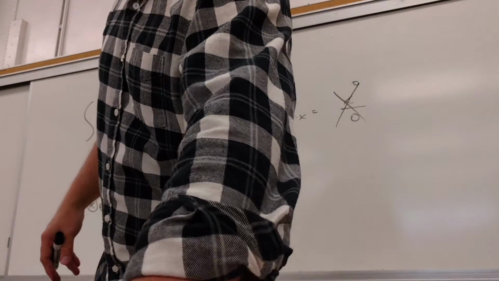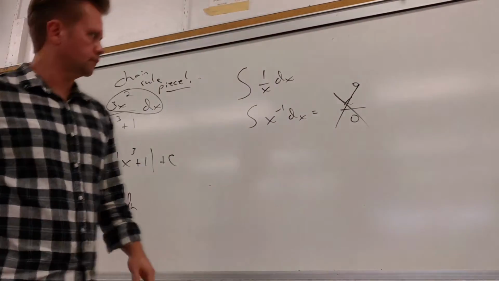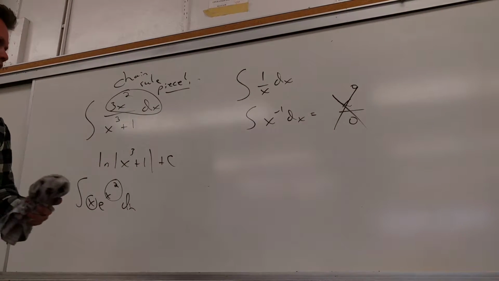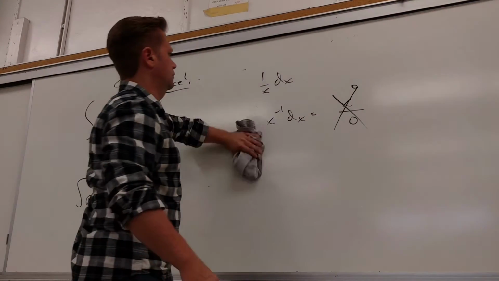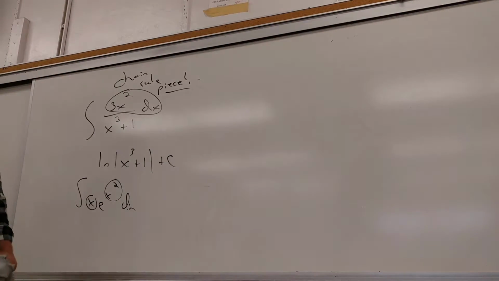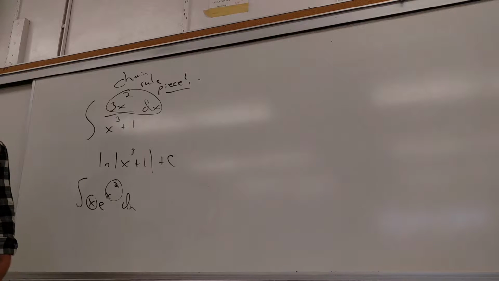So if it's an arc function, then you will just check the denominator. If it's like arctangent, then you look at the denominator to see what's going on.